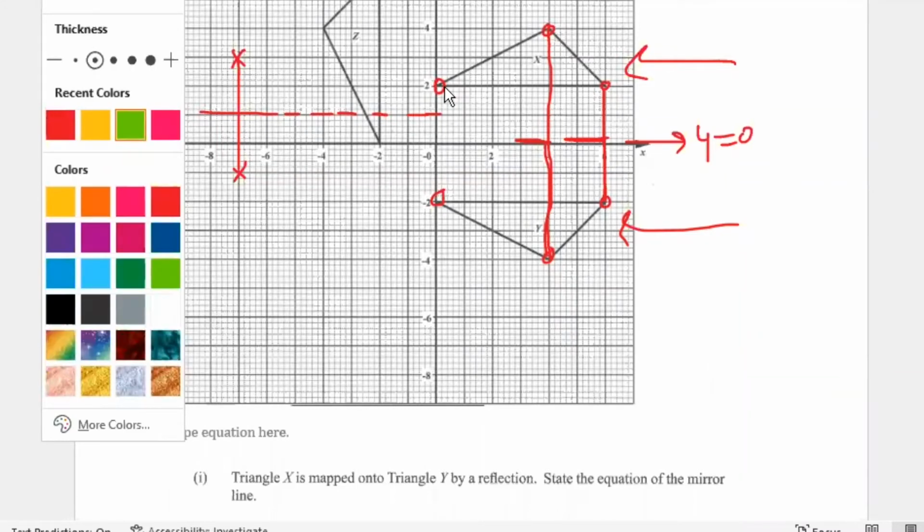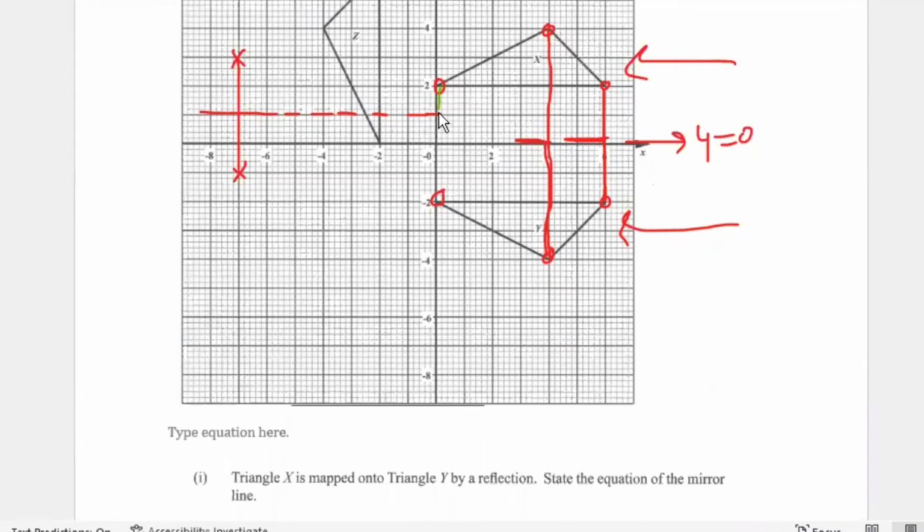If we're moving from this point, you're moving 1, 2, 3, 4. So our mirror line would be halfway between that, which should be 2 units at the base. So it would be 1, 2, which is still along the line y = 0. So our answer is y = 0.